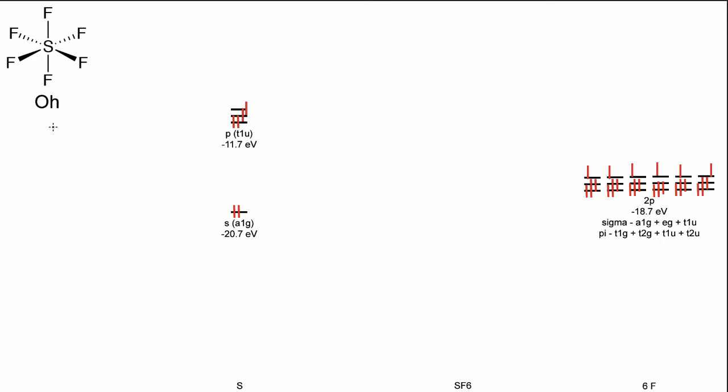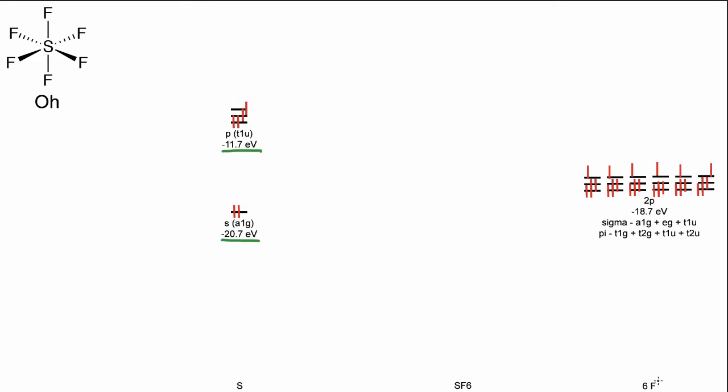So sulfur hexafluoride is a molecule that has Oh symmetry. The sulfur will have the s orbital, which has A1g symmetry, and its 3p orbitals, which all combined have T1u symmetry, available for bonding. We can see the energies right here are negative 120.7 electron volts for the s orbital and negative 11.7 electron volts for the p orbitals.